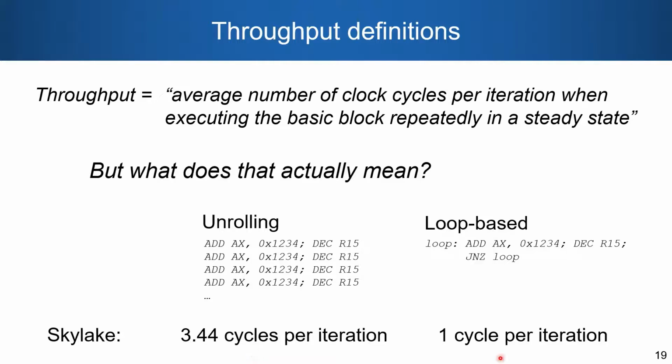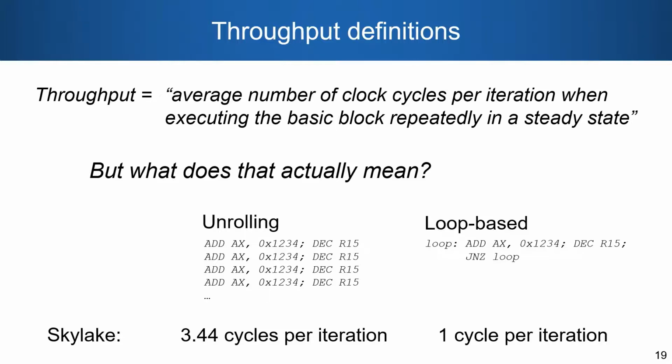Now, a problem is that most previous throughput predictors are actually based on the second notion of throughput. They assume that the basic block is executed in a loop, and consequently they assume that the basic block ends with a branch, whereas the blocks in the BHive set do not end with a branch, and the BHive measurement tool measures the throughput by unrolling the basic blocks.